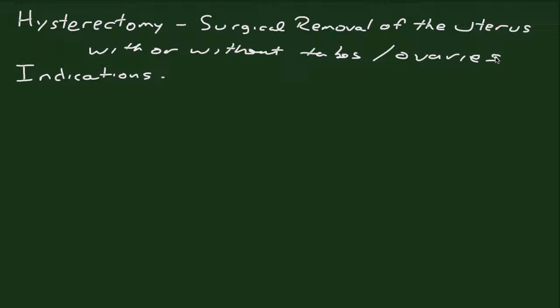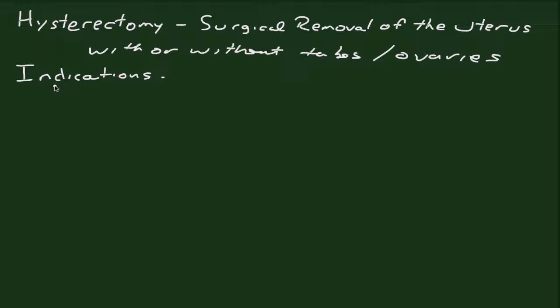So again, most specifically, hysterectomy is only the surgical removal of the uterus. Hysterectomy is a very common operation performed in the United States, and despite advances in medical therapy of a number of gynecologic conditions, it's still the definitive, or in some cases, the fallback treatment for many gynecologic diseases.